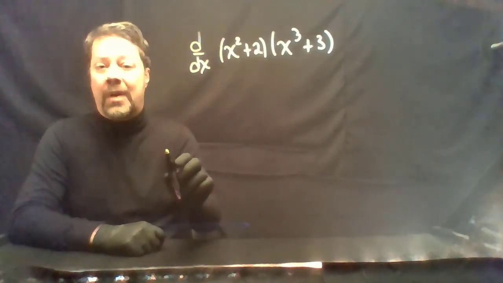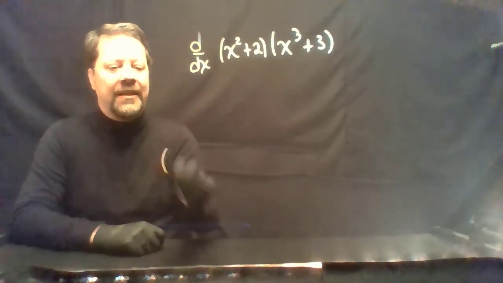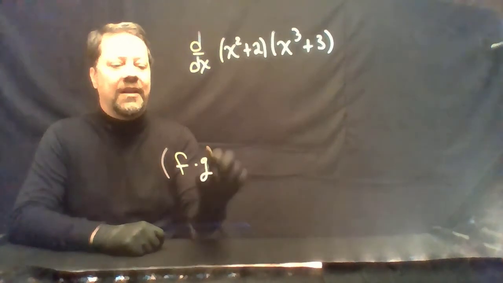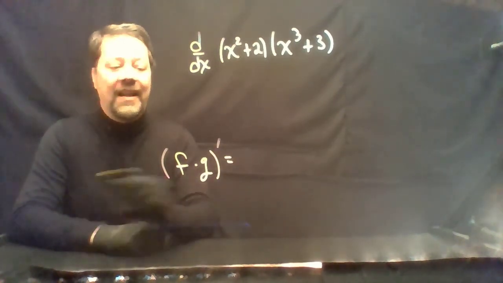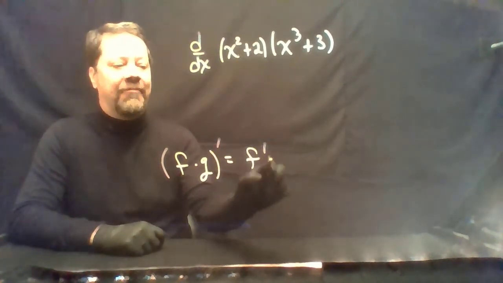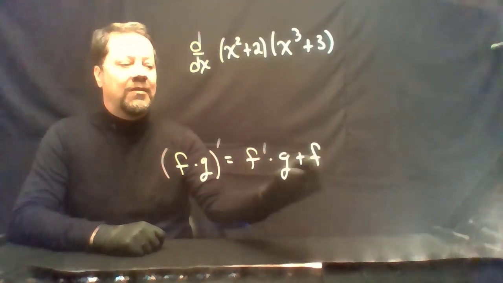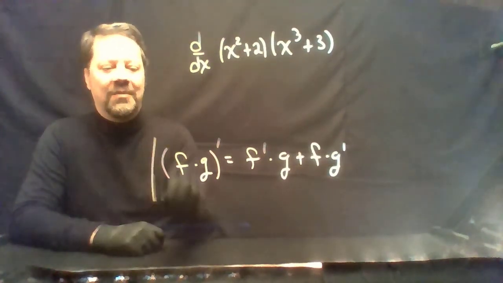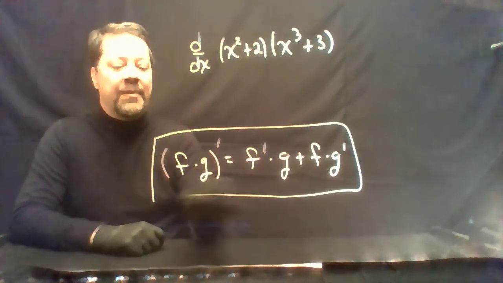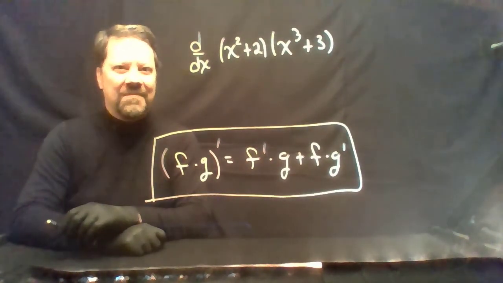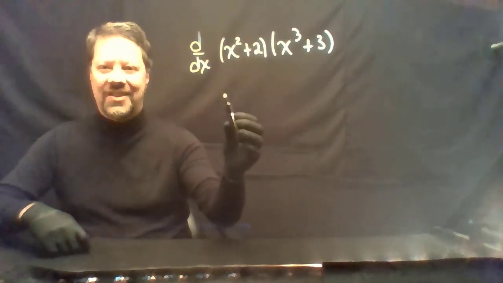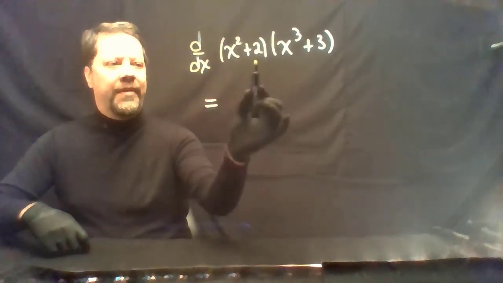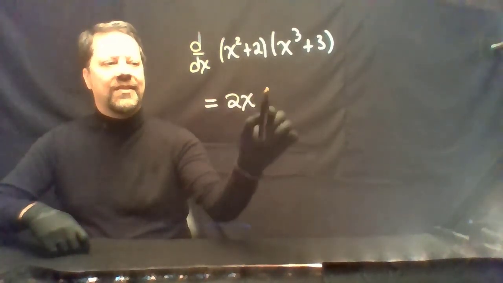Remember, the product rule goes like this. If we have f times g, the derivative is f prime times g plus f times g prime. Please remember the product rule in this order. So we proceed. The derivative of the first is 2x.